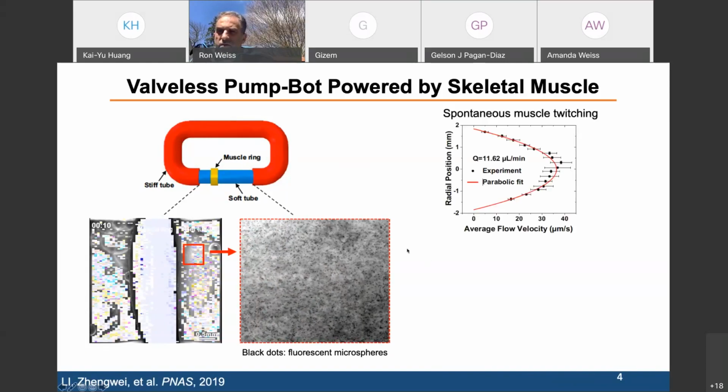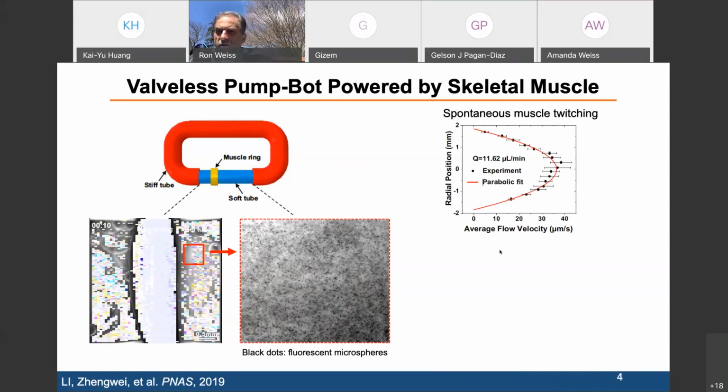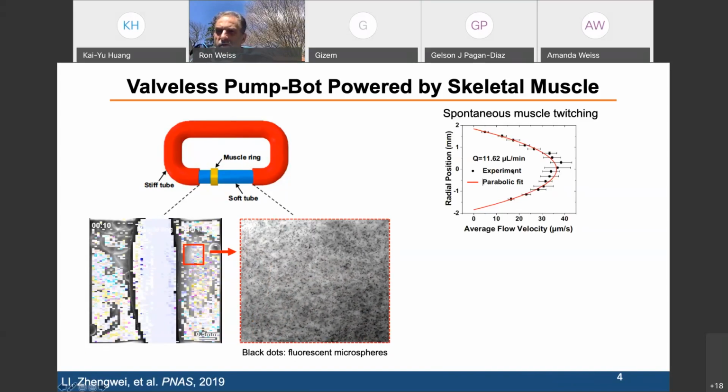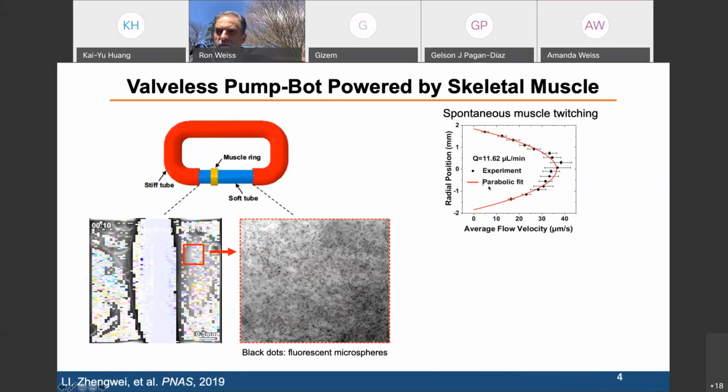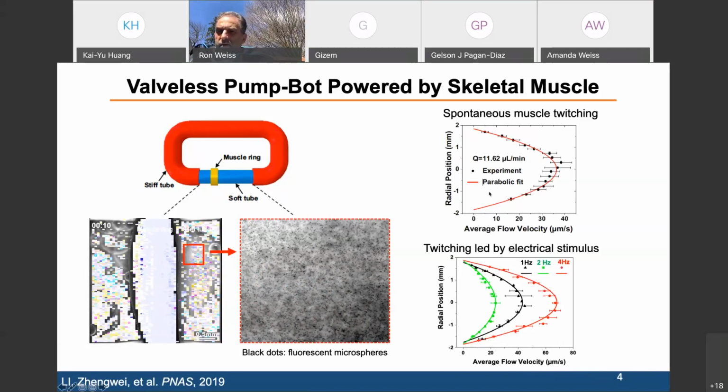When we check the displacement of these microspheres, we can see that the velocity profile fits quite well with a parabolic distribution, and also we can see that it works when we apply an external electrical stimulus.